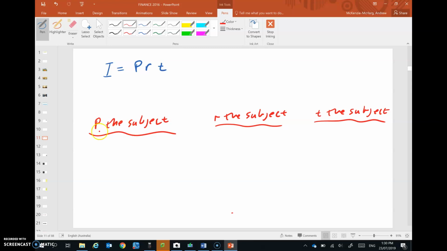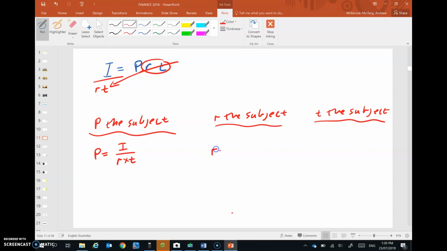Righto, so to make P the subject, this first one, we see that R and T are multiplying on this side, so of course they'll go on the other side and do the opposite operation, which is divide. So we end up with P equals I on R times T. Now, all three of these are multiplying, so to get any particular one of these variables on its own, we just take the other two over the other side and divide.